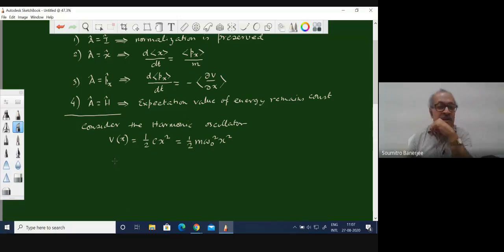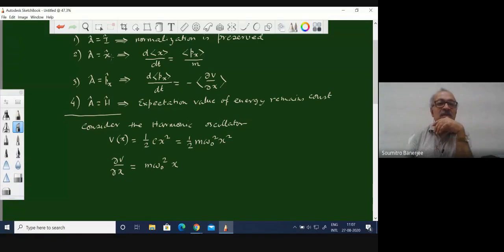So our del V by del x is equal to, the half will cancel off, m omega naught square x. So this is the relationship that we get from this equation, and therefore if we now put it, we'll find dp/dt is given by this.